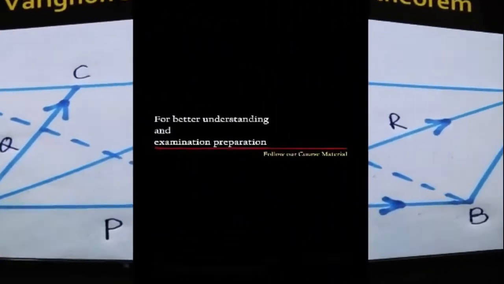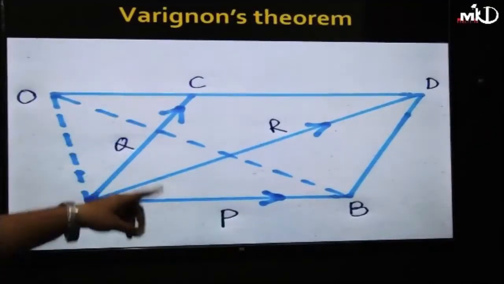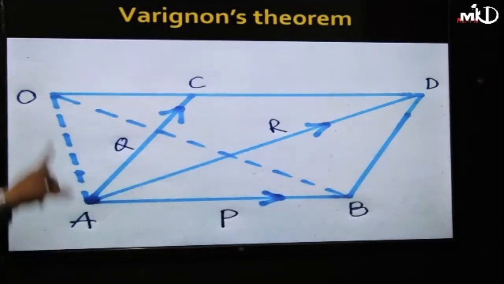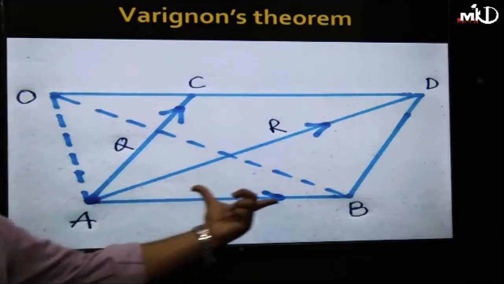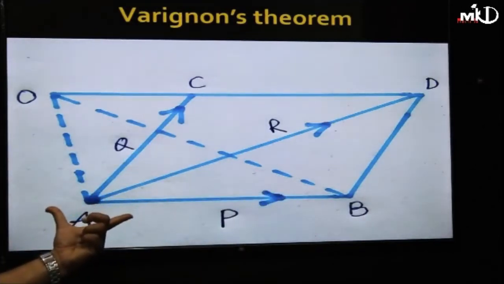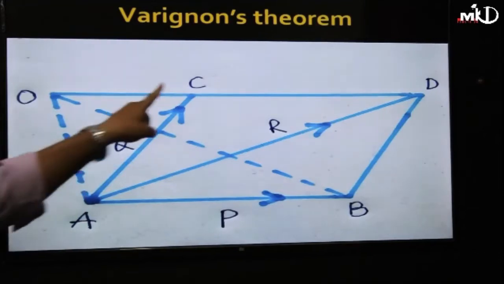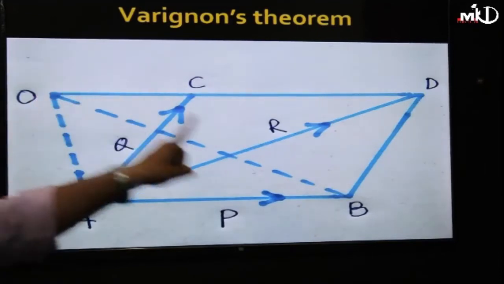But we see that the area of triangle ACD is equal to the area of triangle ADB, which is equal to the area of triangle AOB. Why are they equal? Because they lie between two parallel lines and their base is the same. That's why the area of ADB will be equal to the area of ACD, which will be equal to the area of triangle AOB.